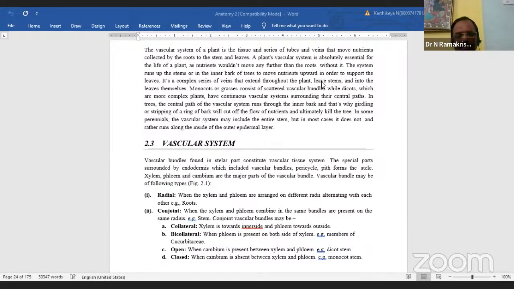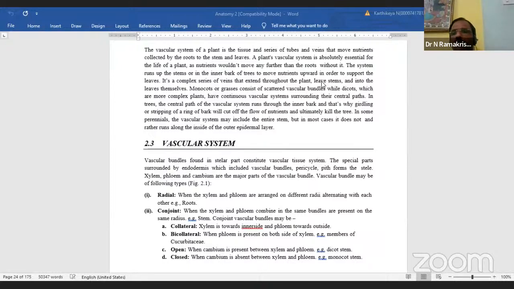In the former case, the vascular bundles are called open in dicots. When you look at the dicot, the vascular bundles are open. In the second case, monocots, the vascular bundles are closed. In dicots, they are open.